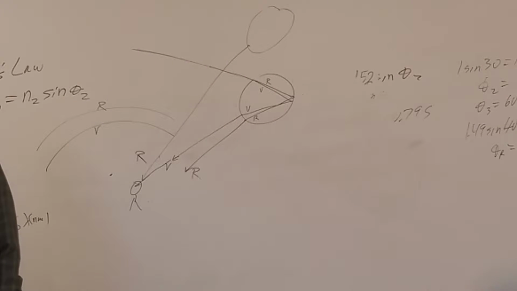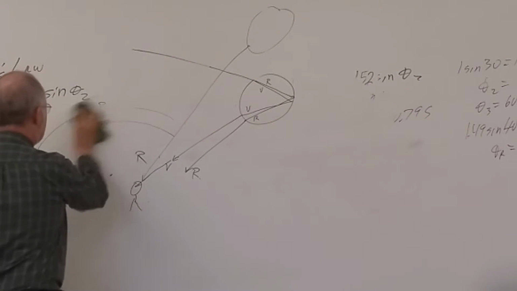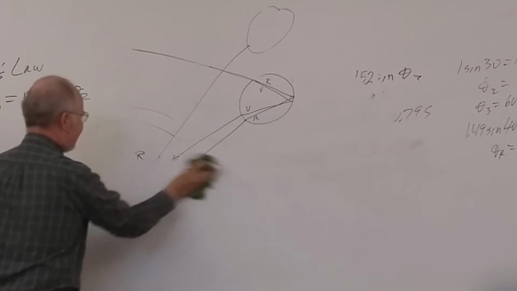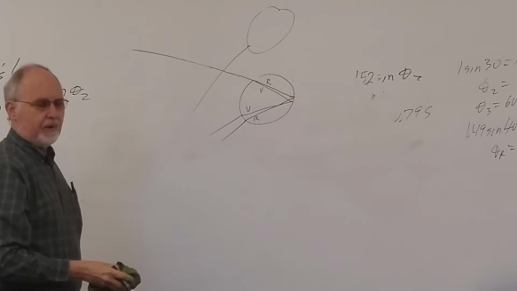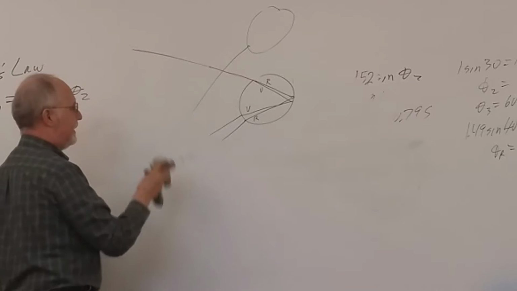If there's water drops in the right place, then you can see the entire arc going across. But anyway, that comes about because of different indexes of refraction for the different wavelengths.